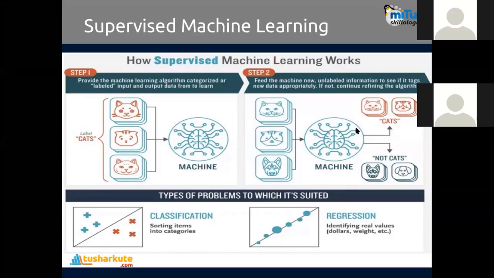Some animals are given, and the machine has identified a model to find whether a particular picture is a cat or not a cat. It will identify this image is cat or not, this image is cat or not, this image is cat or not. That is a classification system: supervised machine learning.